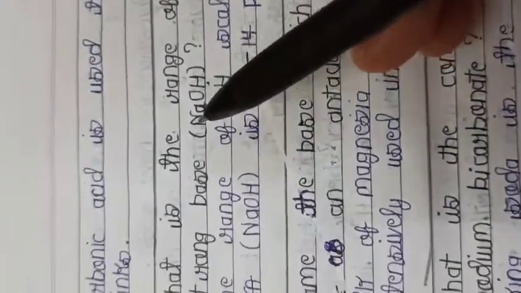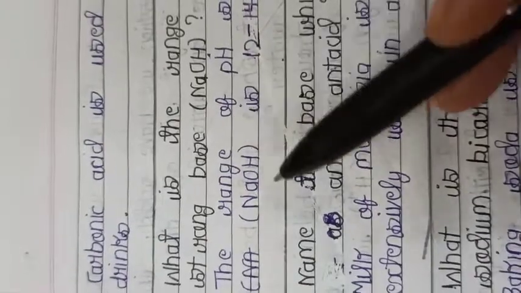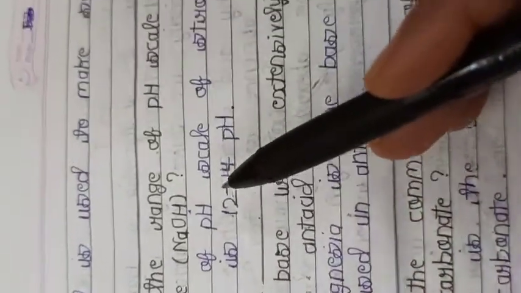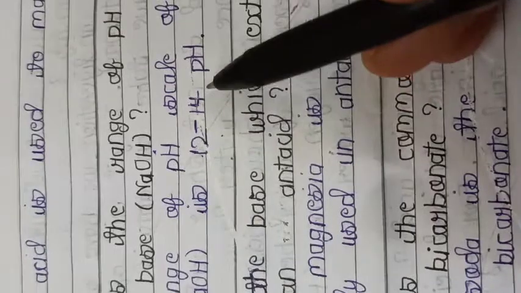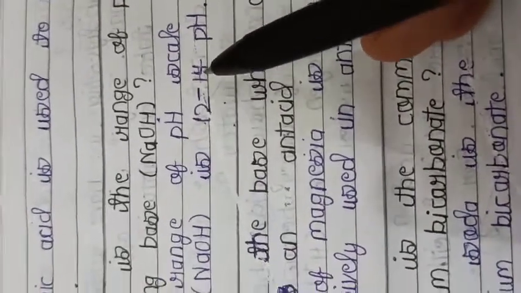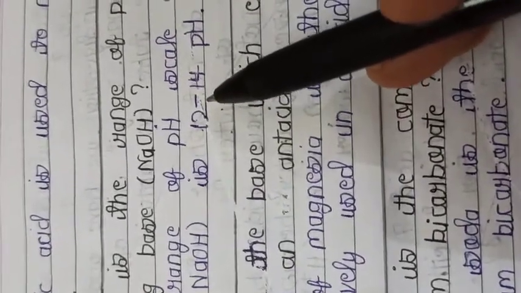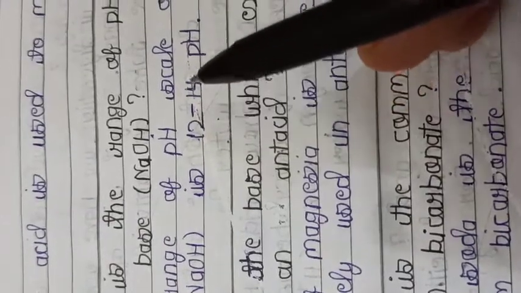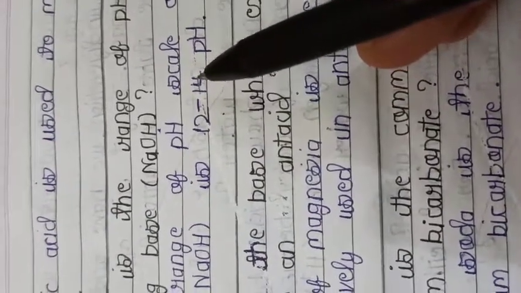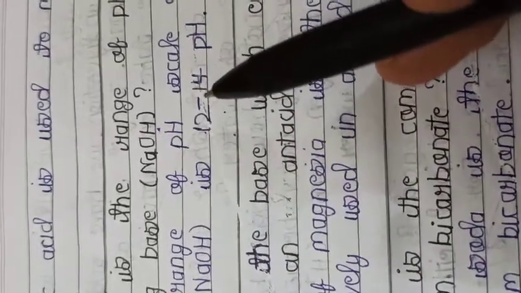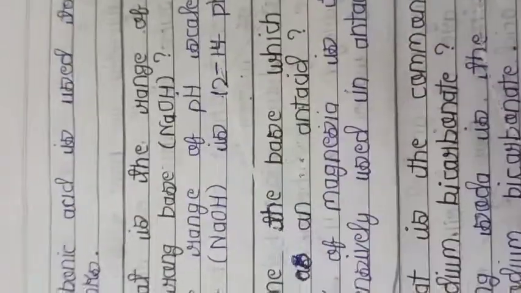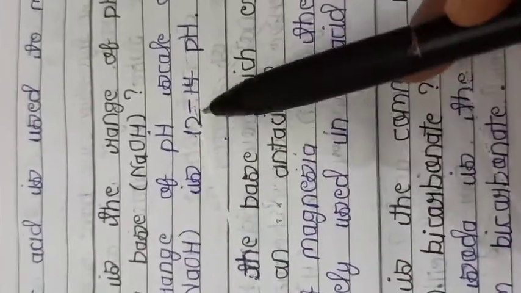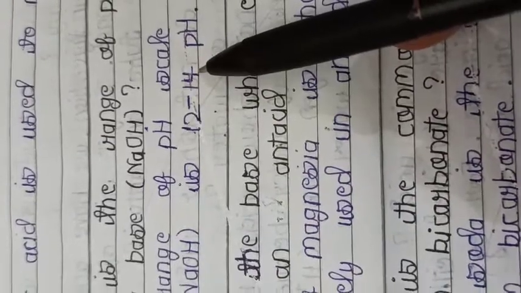So what is the range of pH value of this base? So the range of pH scale of strong base, NaOH, is 12 to 14 pH. You know that I told you that from 7 to 14 pH is falling for bases. Okay, so it is a strong base, so its value falls in between 12 to 14.